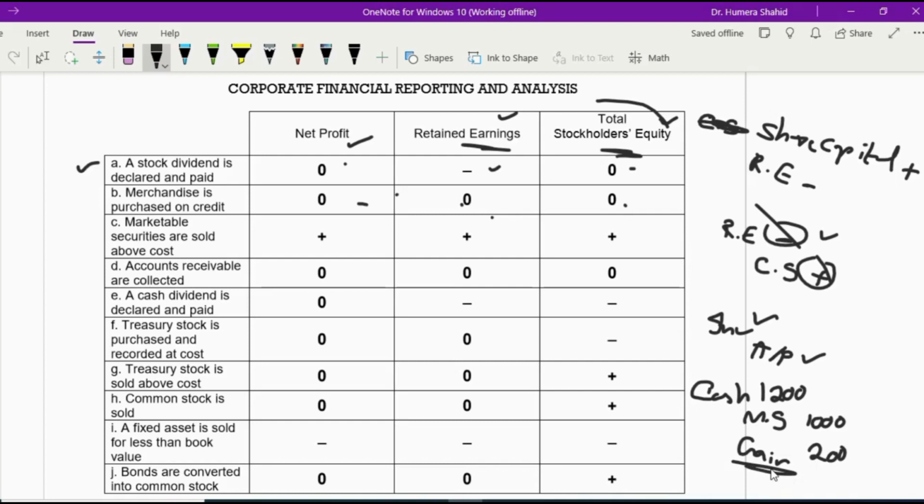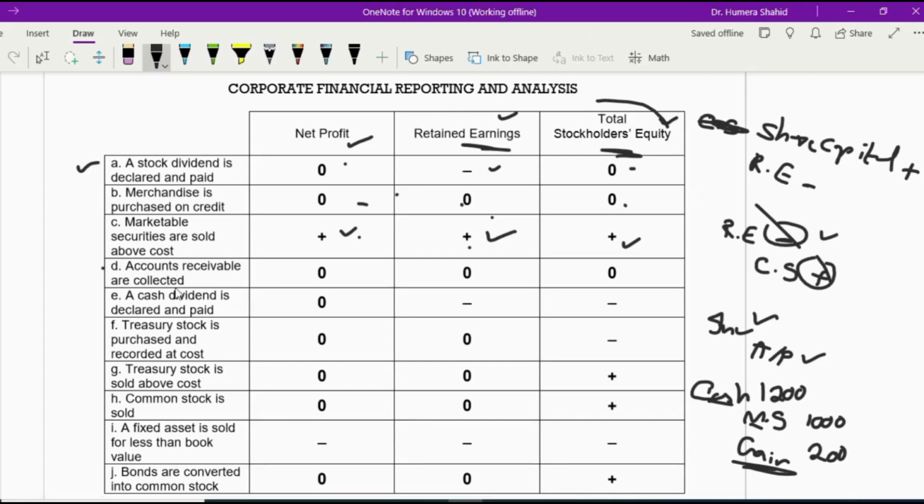This gain on sale of securities is going to increase your profit because it is mentioned in the other income section of the income statement. So your net profit is going to increase because of this gain. Also, your net profit is going to increase your retained earnings, and retained earnings are going to increase the owners' equity. Cash is an asset, marketable securities is an asset, so they are not asking about assets.